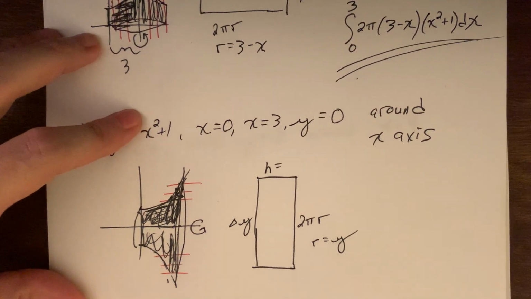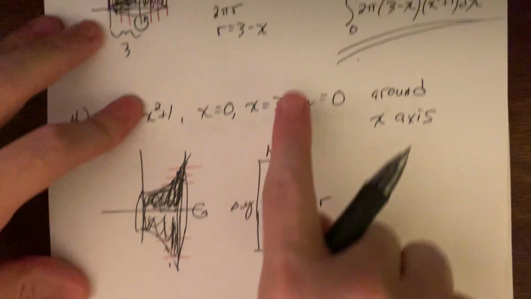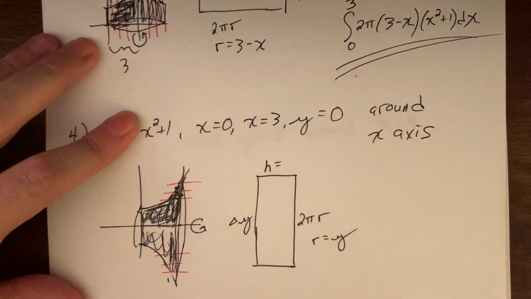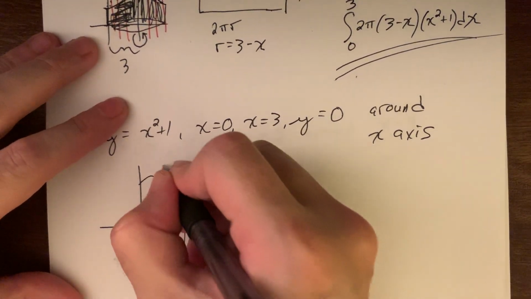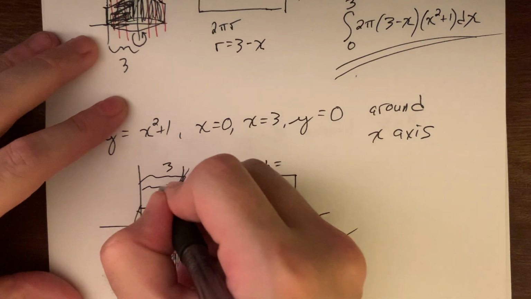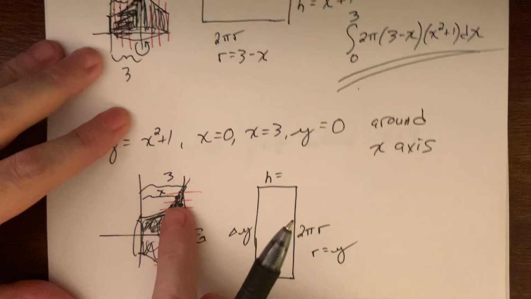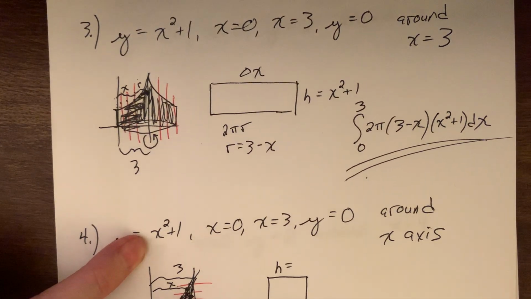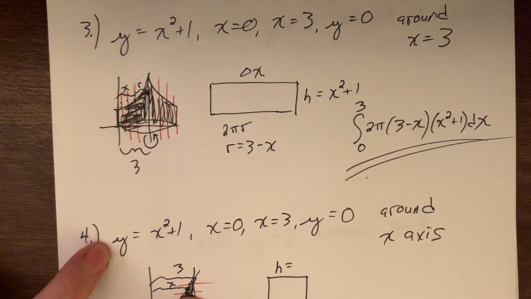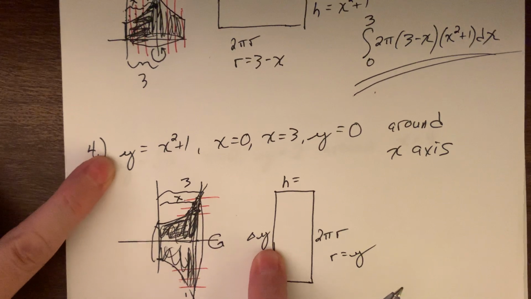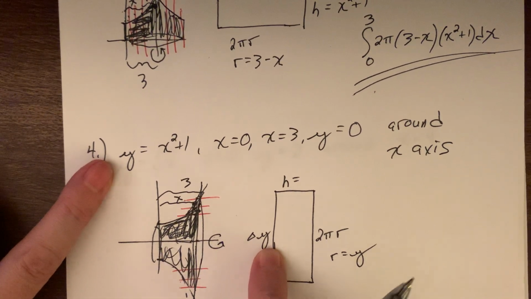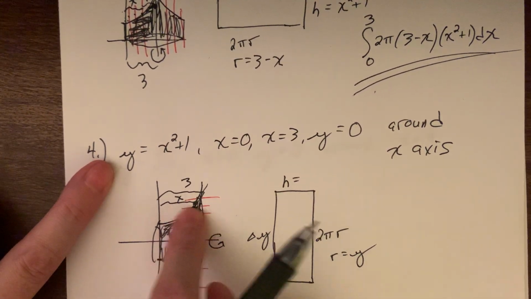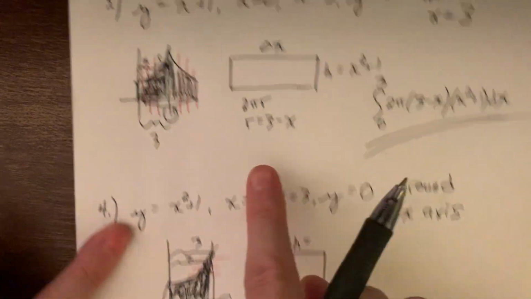So look at this. This is actually kind of similar to what we're seeing up here a little bit. I have to look at this whole distance is 3. This distance is the x unit on the curve, but I can't leave it in terms of x. I need to resolve it for y. Everything in this problem needs to be in terms of y, so we can't just look at this and say, oh, that's 3 minus x. Really similar.